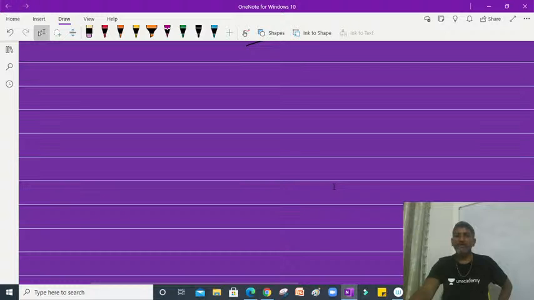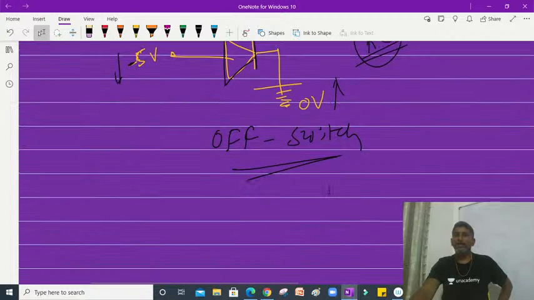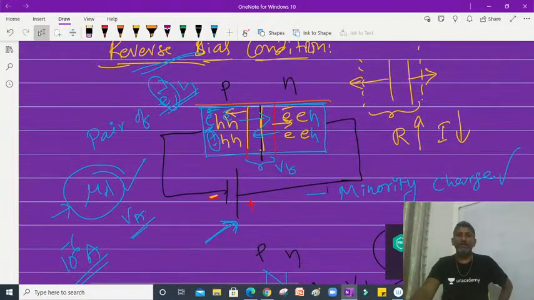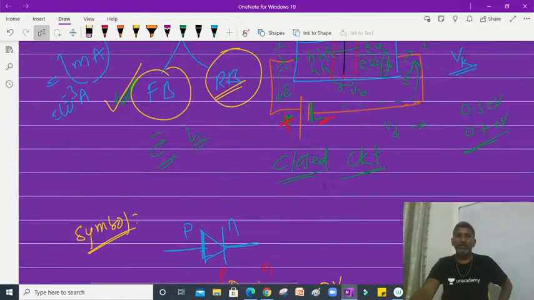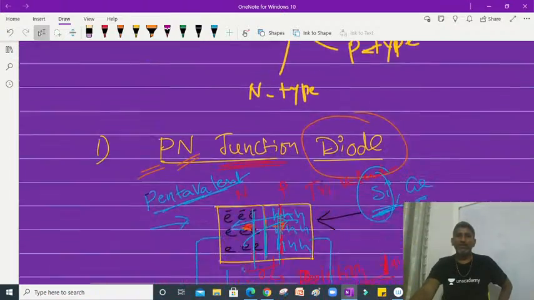In these two biasing conditions, current is possible. But of course, in forward bias condition, it is in the milliamperes range, and in reverse bias condition, it appears in the microamperes range. We have discussed the mechanism of flow of charges. You should remember all of this. Very simple things we have discussed today.